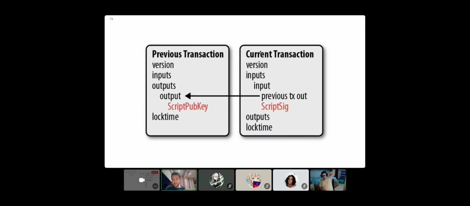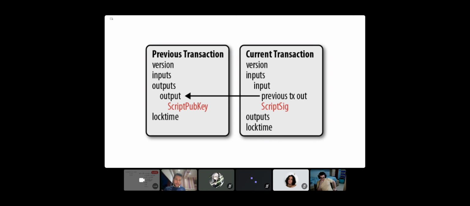So this is an impossible task. You need a signature to produce something that will be signed. It's the chicken and egg problem, right? I need the signature to produce the signature. This cannot be possible.